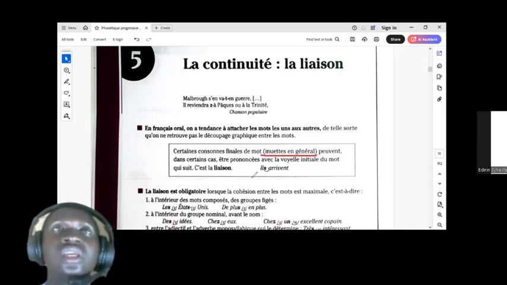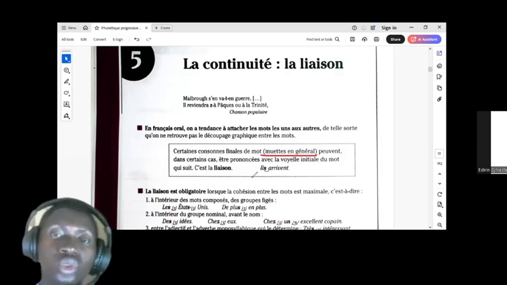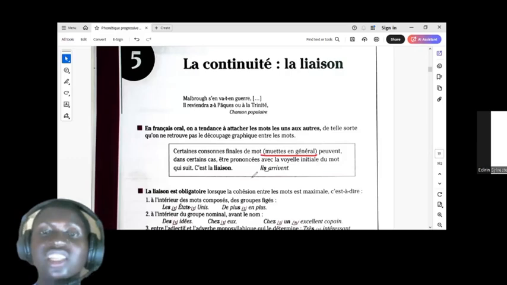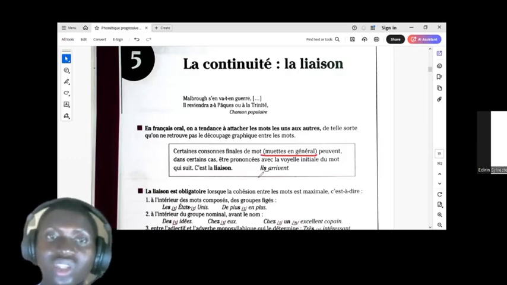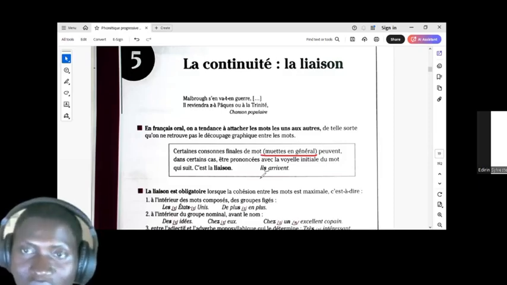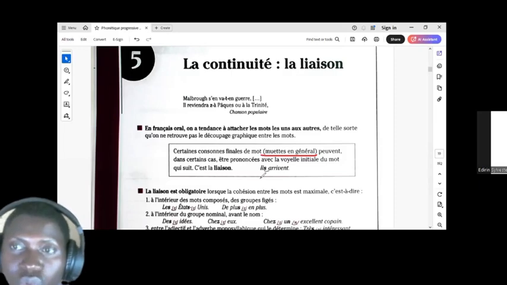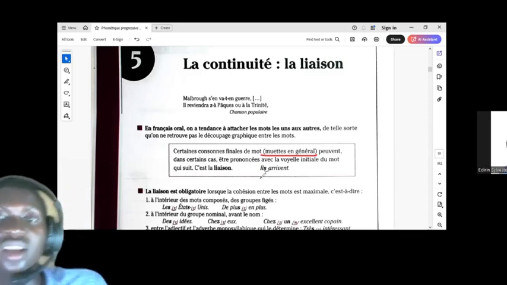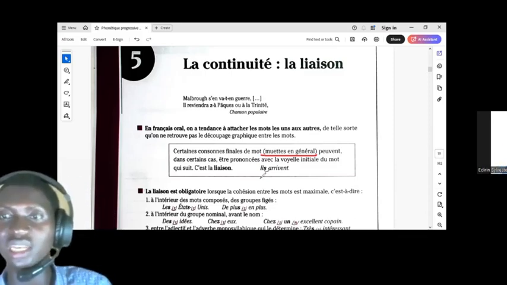C'est la liaison. That is a silent consonant linked to a vowel that is pronounced in the word following it. Whereas for l'enchaînement, it is a pronounced consonant linked to a pronounced vowel, or a pronounced vowel for enchaînement vocalique linked to another pronounced vowel beginning the next word.